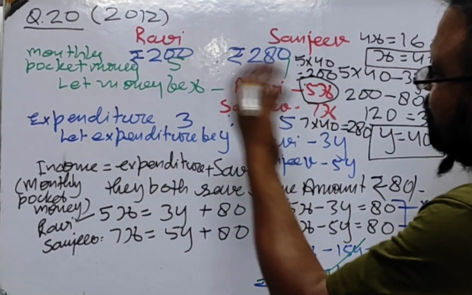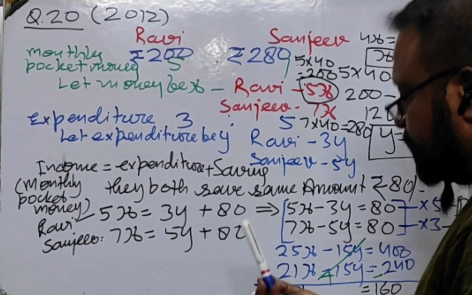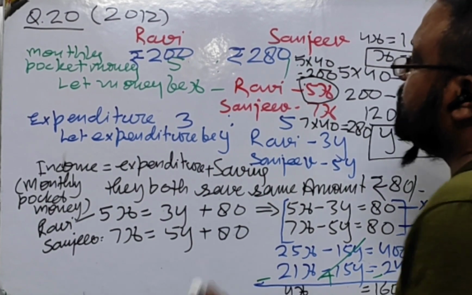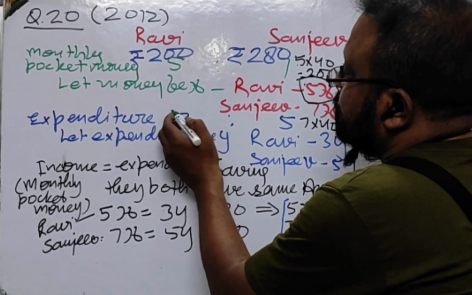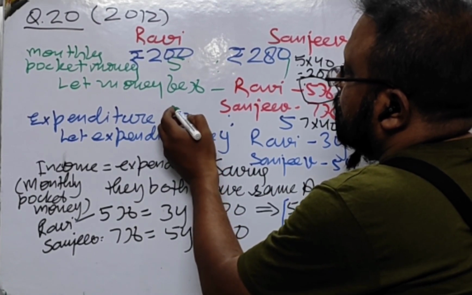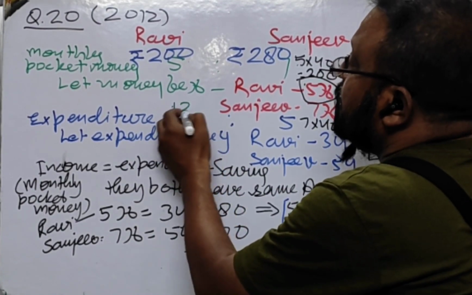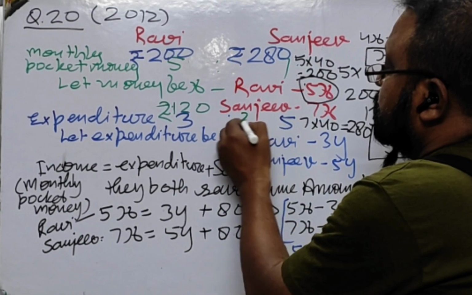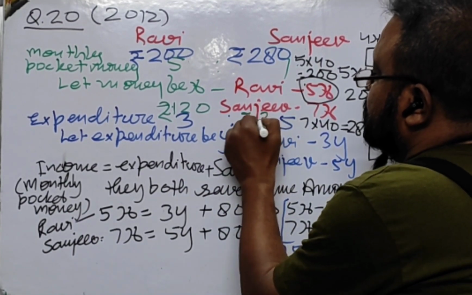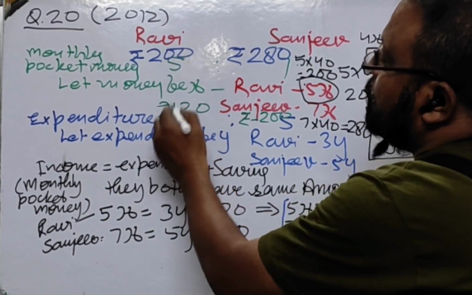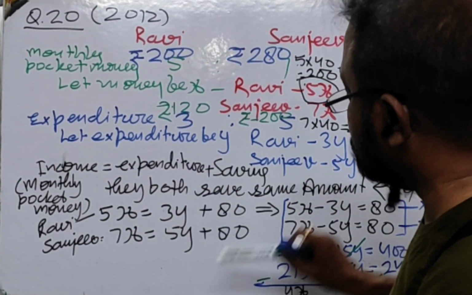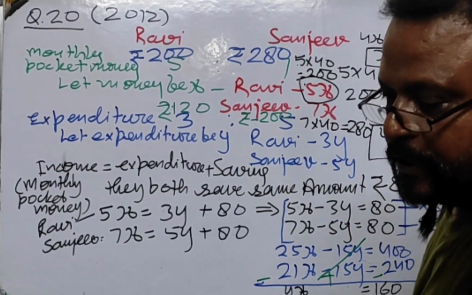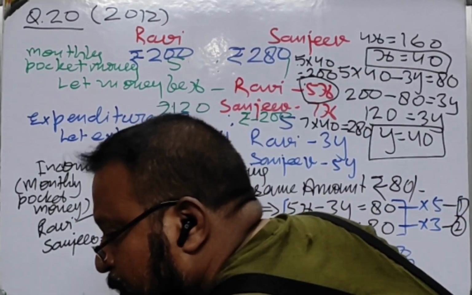If we talk about their expenses, what will they be? 3 into 40 becomes rupees 120 for Ravi, and 5 into 40 is 200 for Sanjeev. So what is the saving? 200 minus 120 becomes 80, and 280 minus 200 becomes 80. So in all cases it is 80. This is the solution of the question.